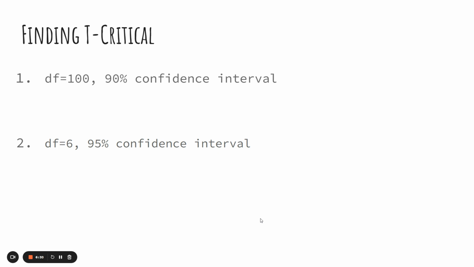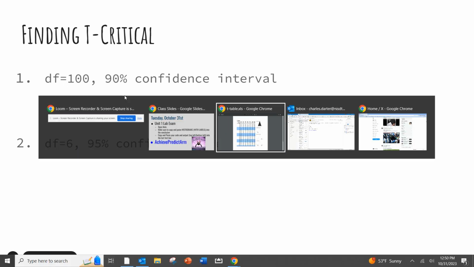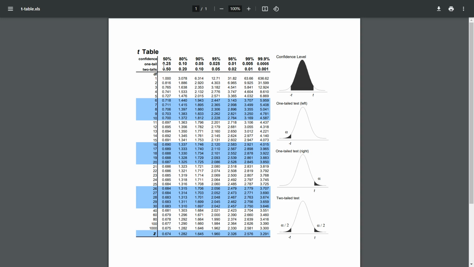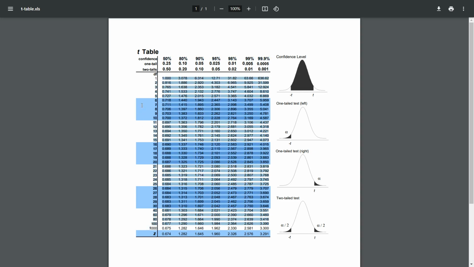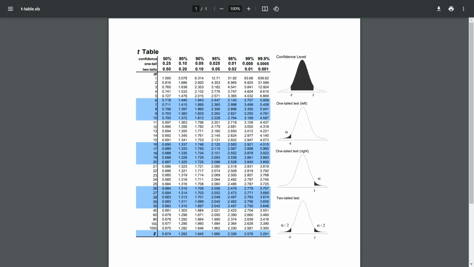What we do with the pink sheet of paper is we look at the intersection of the degrees of freedom and the confidence interval. Remember that the first one says 100 degrees of freedom and 90% confident. You have your confidence intervals up here, then your degrees of freedom down here on the far left.